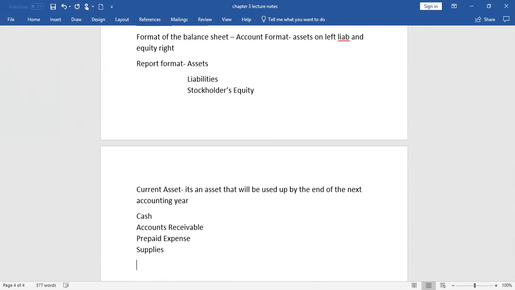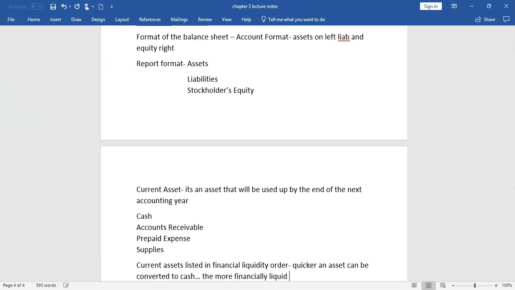And they have to be listed in this order on the balance sheet, because we list current assets in financial liquidity order. And what this means is the quicker an asset can be converted to cash, the more financially liquid the asset is.